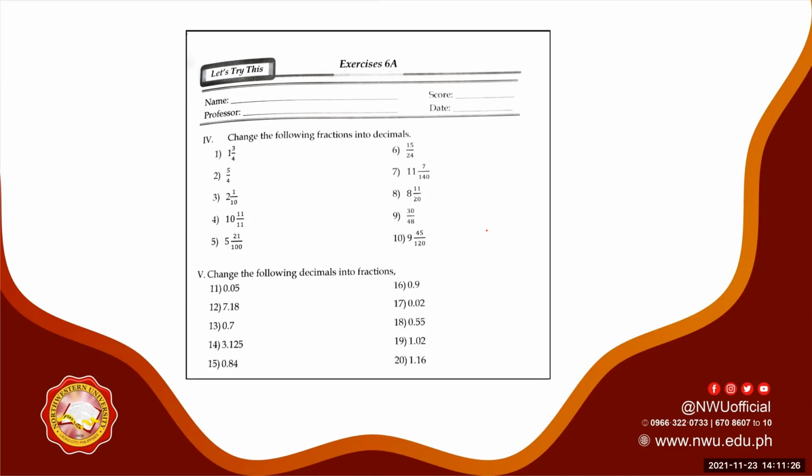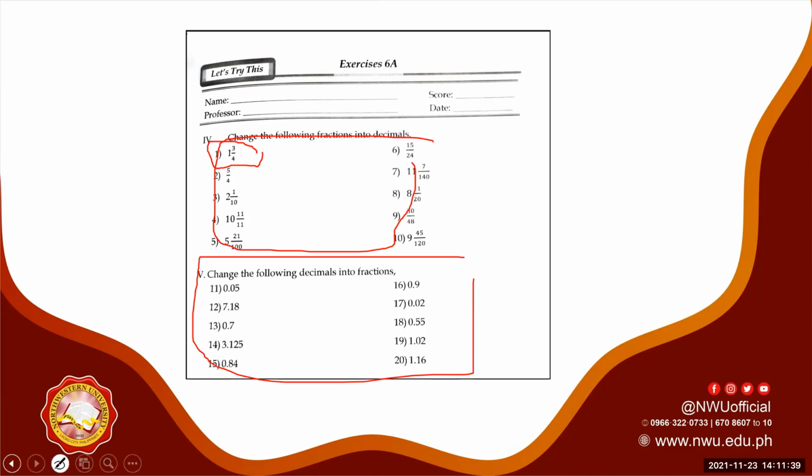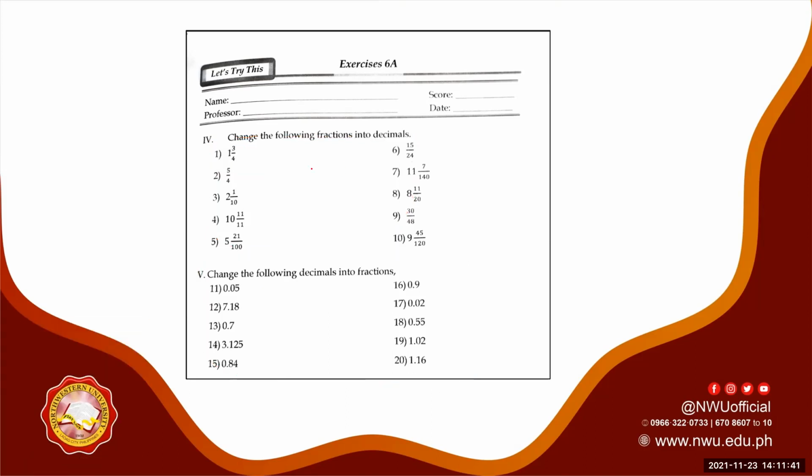This is our exercise 6A. In your quiz, something like this will be shown. These are the things you are going to answer on your quizzes, and also on your activities, where you need to send your solution as always. Don't worry, because in your activity, all you will do is tell whether the equivalence equation or relation is true or false.